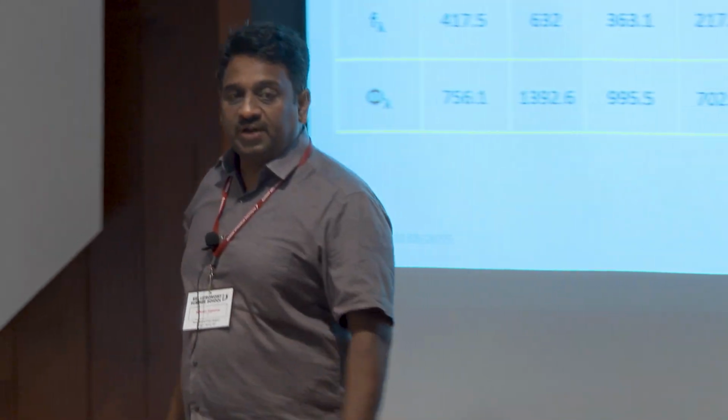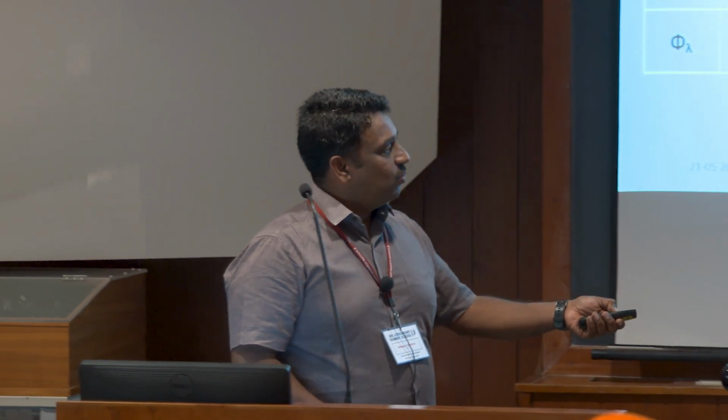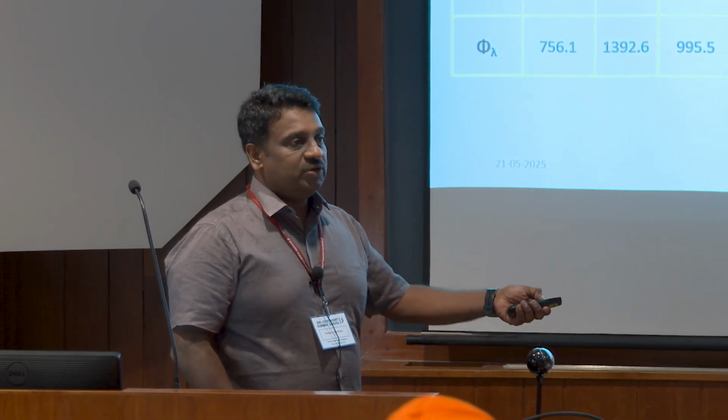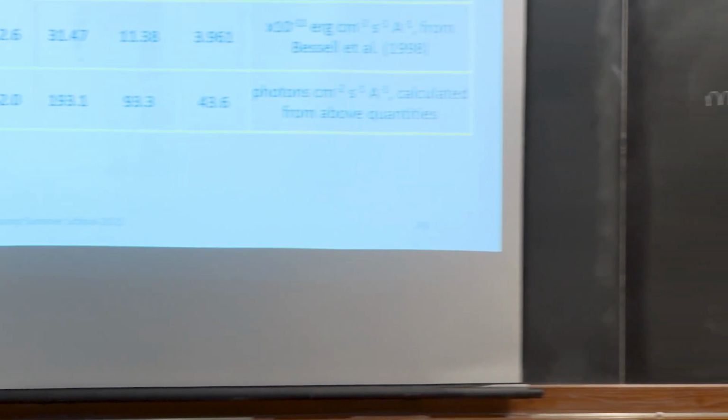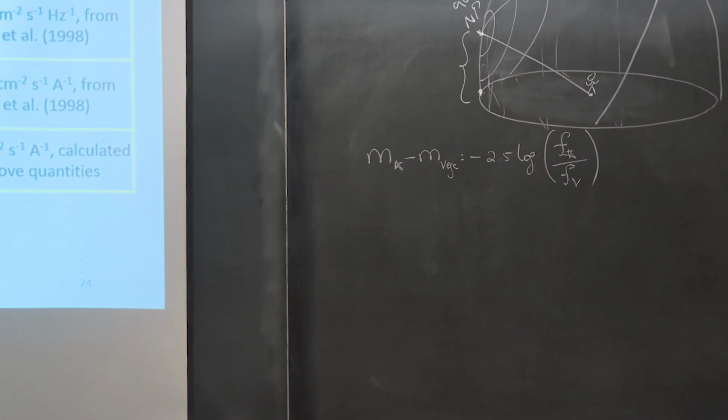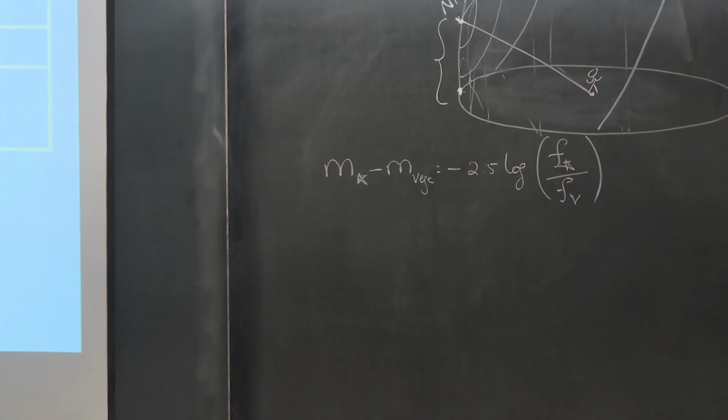So if I know the flux of the Vega, I know the flux of any other star. Now what is the magnitude here for Vega? 0. So you are directly getting the magnitude of the star itself. This is basically the calibration that you do.